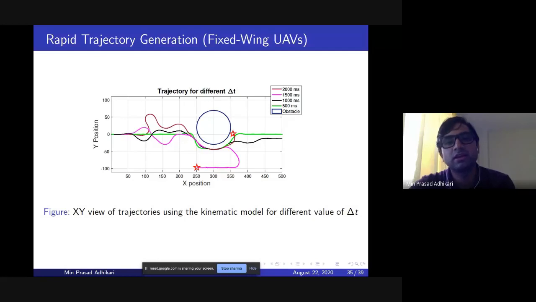In other approaches, there are A star approaches, search space methods, and RRT methods, a lot of them. These days they are becoming computationally cheaper, and a lot of advancement has been done.